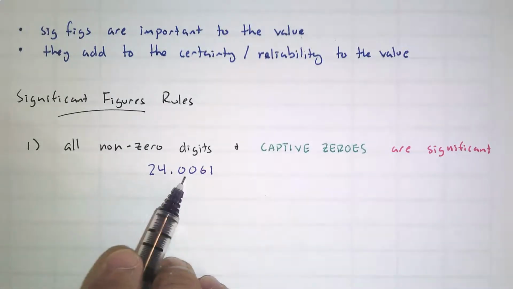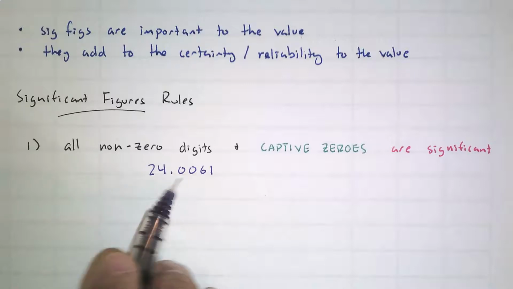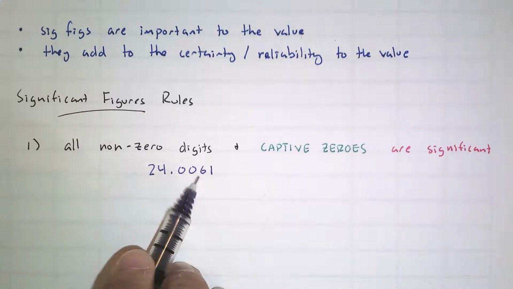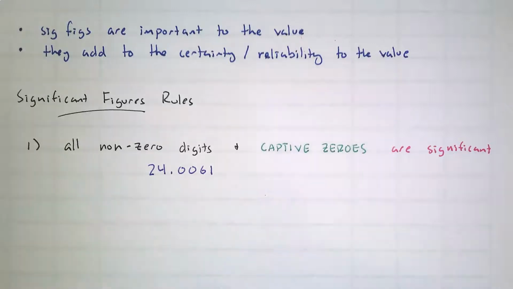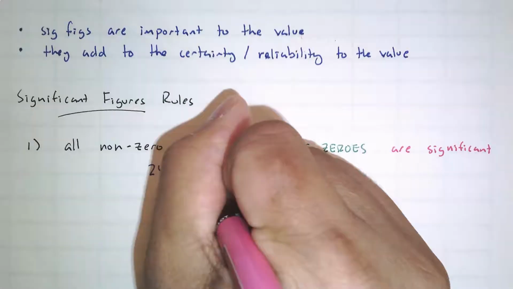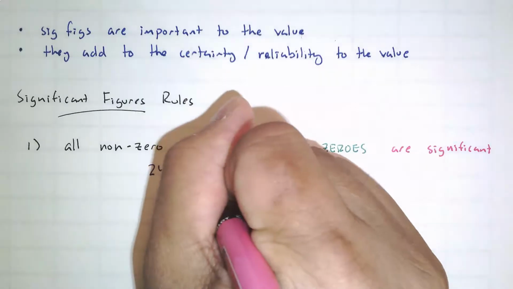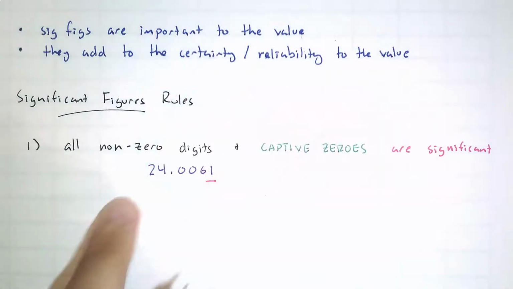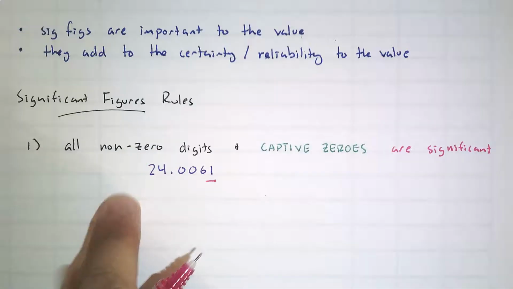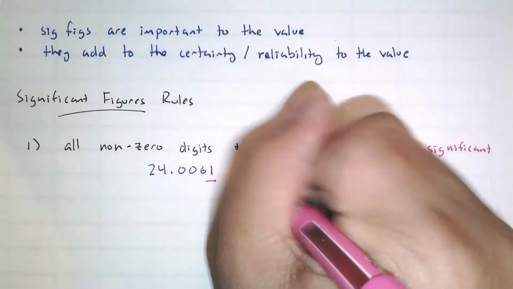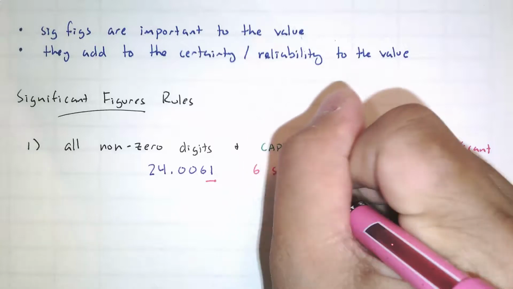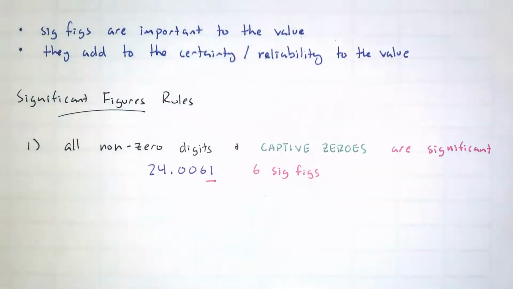These are called captive zeros because they're in between two non-zero digits, and that's a non-zero digit. So I like to underline the last significant figure when you read it from the left. There are 1, 2, 3, 4, 5, 6. There are 6 sig figs. Okay, simple enough for rule number 1.